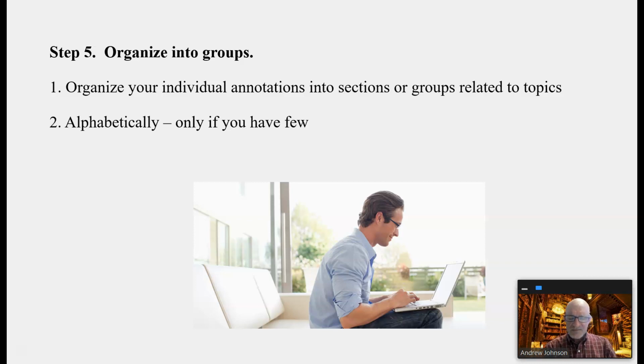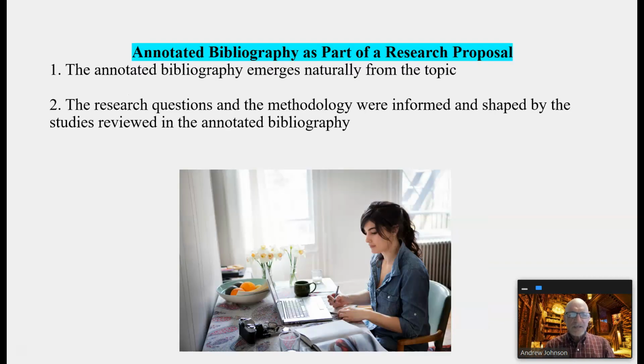Now, some sources would have you list in your annotated bibliography your sources alphabetically. If you have just a few, you may want to do that. If you have a whole bunch of them, you want to organize them by groups so you can see the structure of things. Now, I'm going to show you an example of an annotated bibliography used as part of a research proposal.